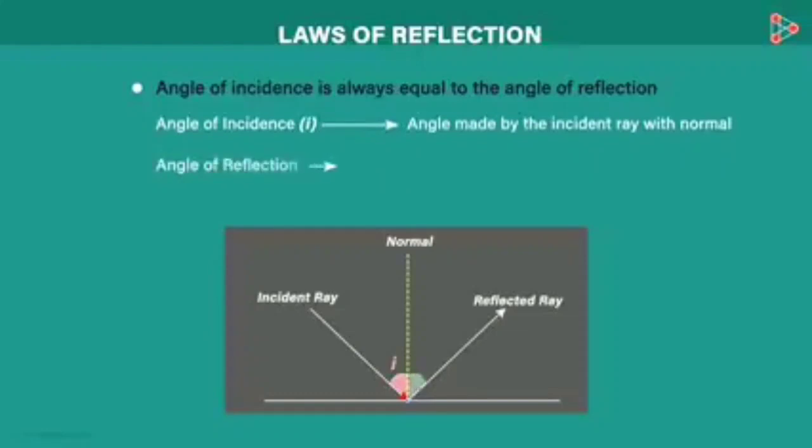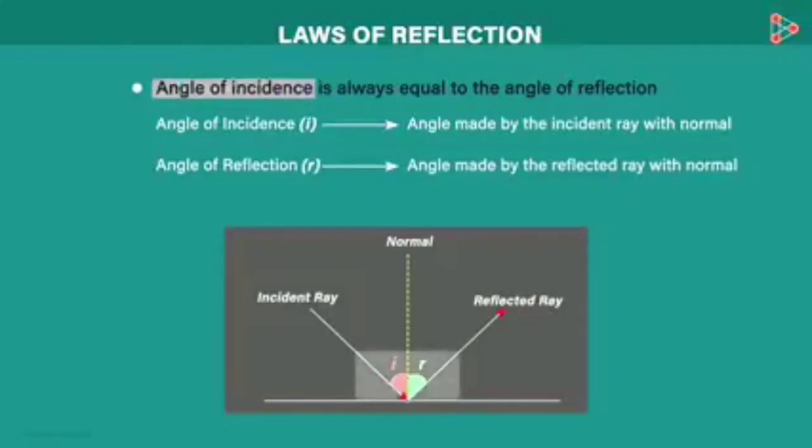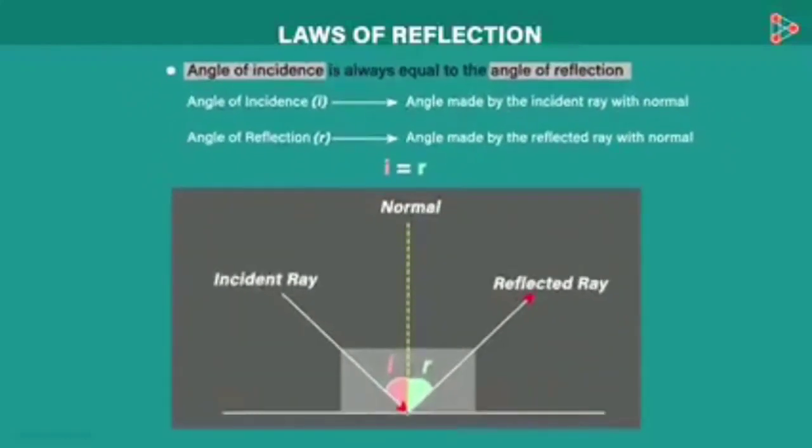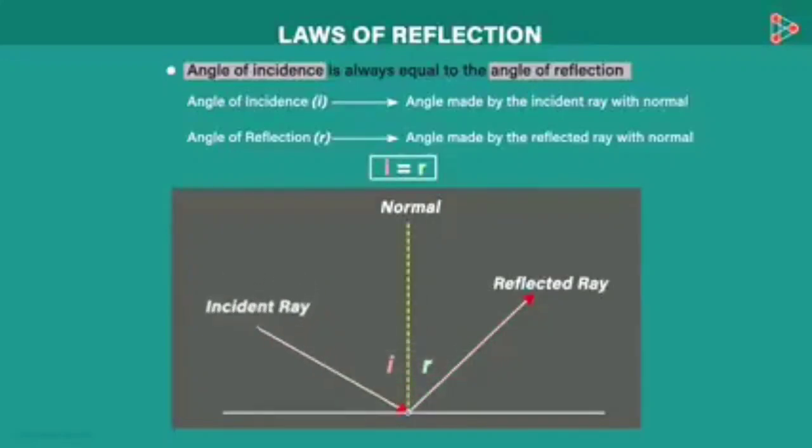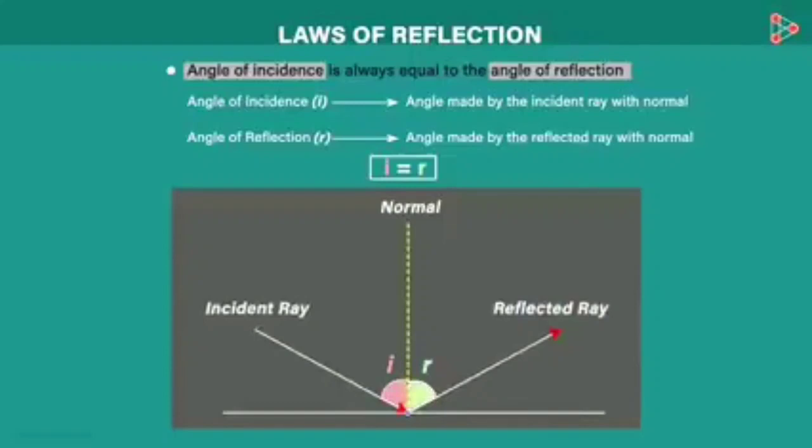The angle of incidence, made between the incident ray and the normal, is called I, and the angle of reflection, made between the normal and the reflected ray, is called R. So from the statement we can say angle I is always equal to angle R. It's very simple. This is the first law of reflection. The incident angle and the reflected angle are both the same, so we conclude I equals R.